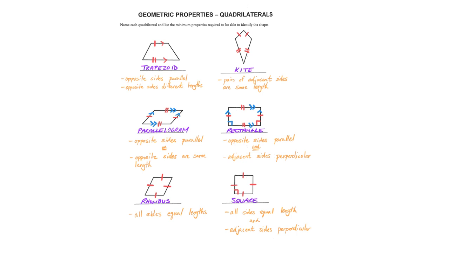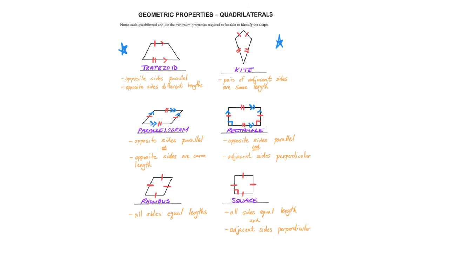Notice your trapezoid and your kite, they're kind of the oddballs. They're the ones that are quite a bit different. You know, a pair of opposite sides, different lengths. None of those other shapes have that. A pair of adjacent sides with the same length. None of those other shapes have that. Well, I guess a square and a rhombus do, but not the two pairs of adjacent sides.